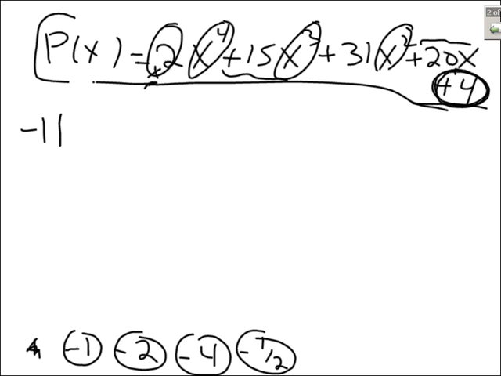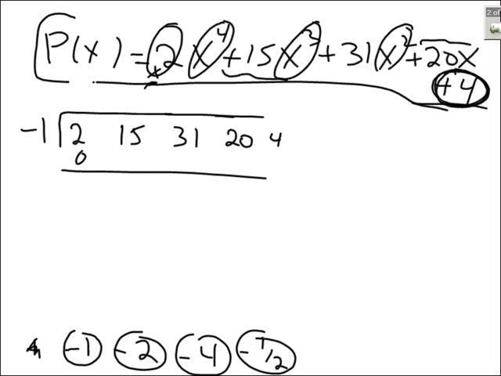From the polynomial, the very top line, it has 2x to the 4th, 15x cubed, 31x squared, 20x, and 4 ones. Do synthetic division, you get 2.